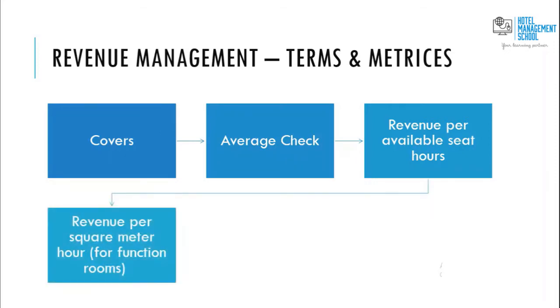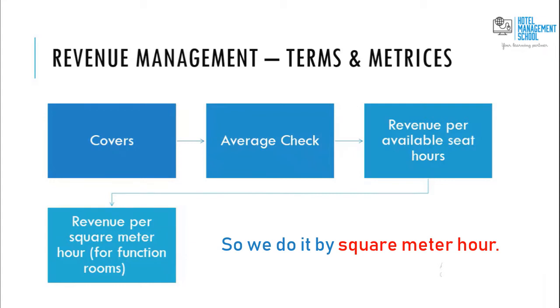Then the same concept applies for banquet space. Banquet space is not measured by chairs because the setup is different. For every classroom setup is different, dinner table is different, theater is different, everything is different, right? So we do it by square meter hour.